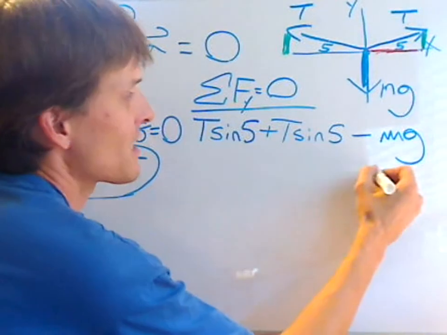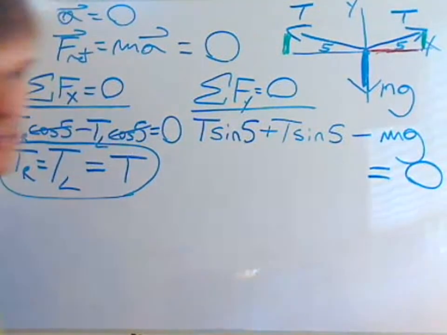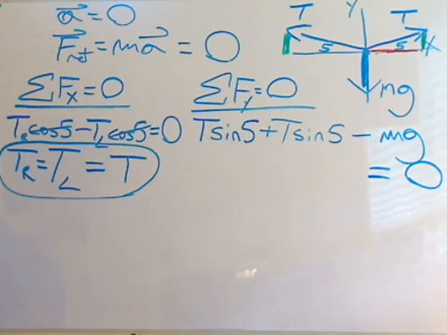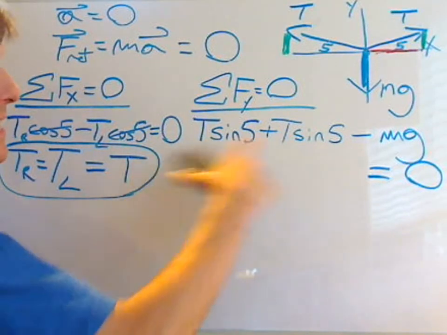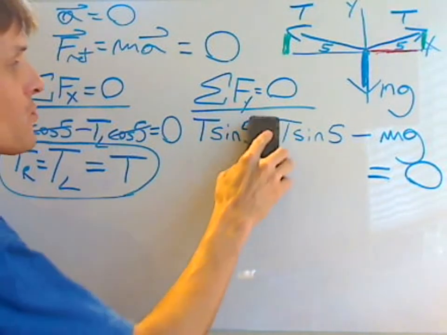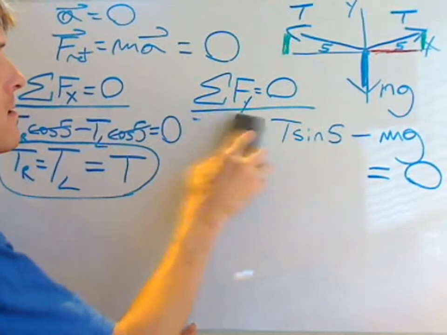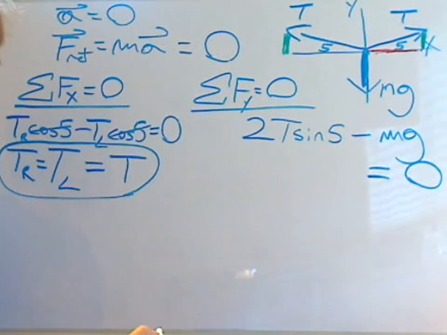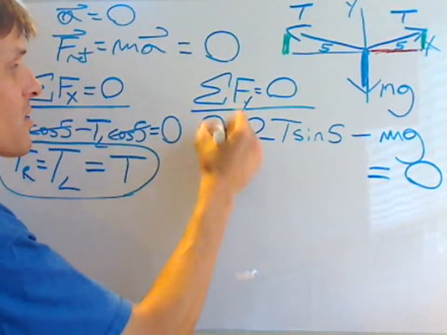And this all has to equal 0. So I'm running out of space over there. But that plus that minus that equals 0. Okay, let's do a little bit of algebra here. These add together to get 2 times the tension times sine 5. And of course, this is all equal to 0.